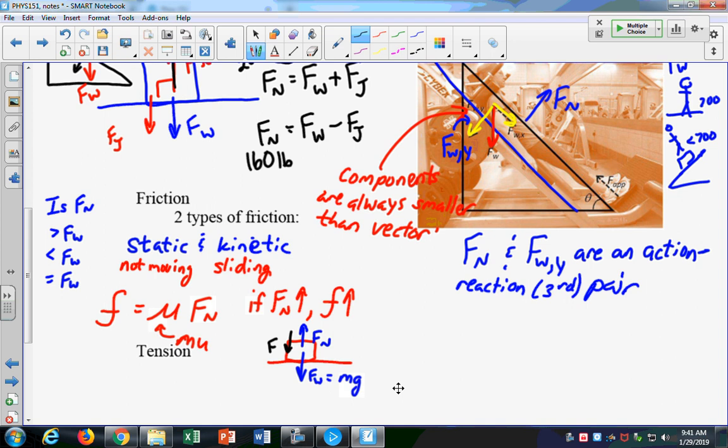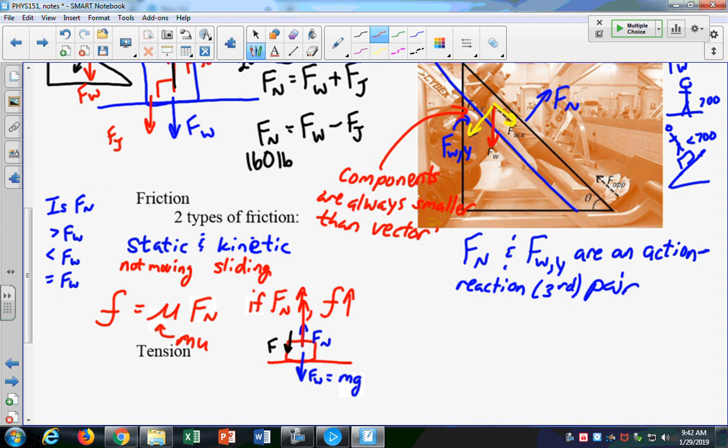It's going to do what? What do you think? It's going to increase. Now the normal force, if I push down just like she was doing, increases the normal force between the object and the surface. So now my normal force is going to be much bigger than it was before.